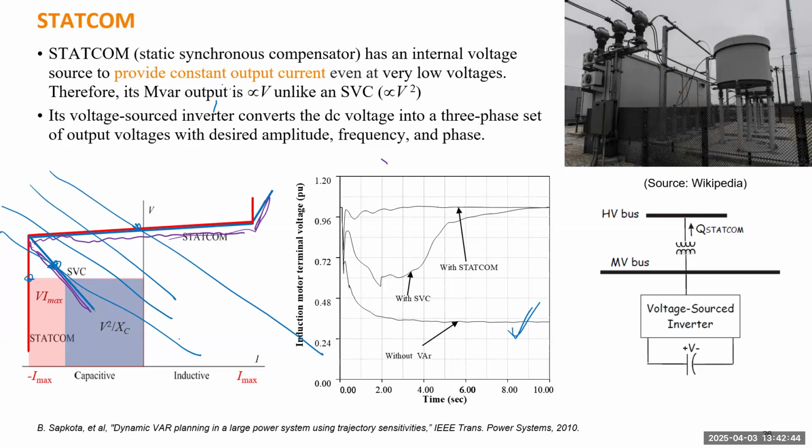But if it's stalled, it will behave like a constant impedance load with very bad power factor, right? Remember something like that in the load modeling session. So that is the cause of the delayed voltage recovery problem. If you put the SVC there, it can mitigate the problem, but it still has some risk of staying too long at low voltage. So STATCOM will be much better.